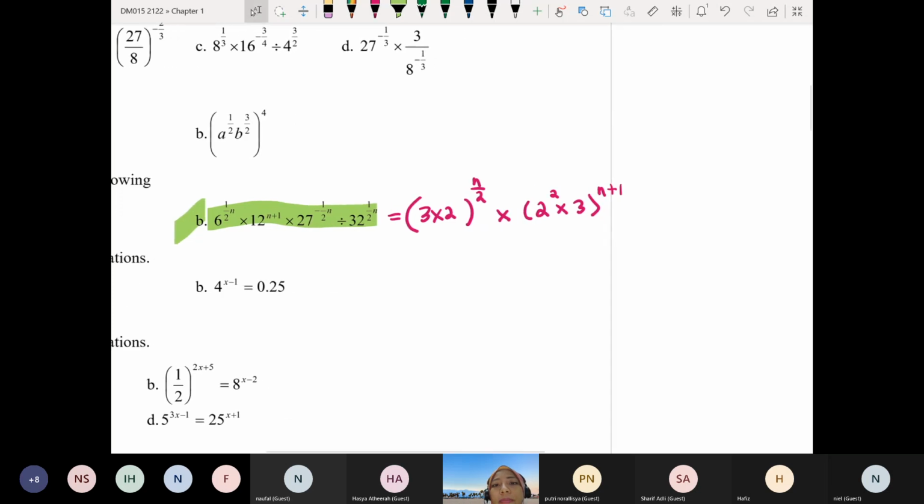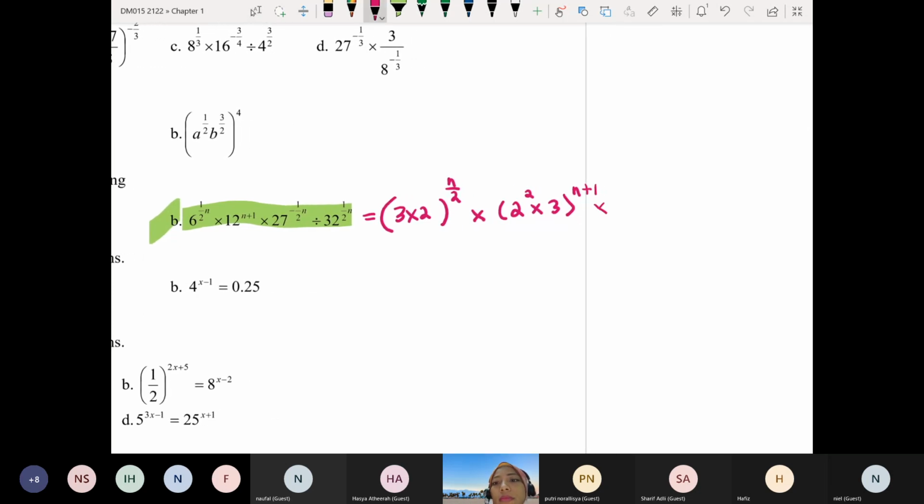And then 27. What makes 27? So 27 is basically 9 times 3 or 3 to the power of 3. Yes, 3 to the power of 3. Okay, you might say, Madam, 9 times 3. Yes, possible. But then you have other shortcut sebenarnya because we put in mind that we want to give our answer in the simplest base which is 2, 3 and 5.